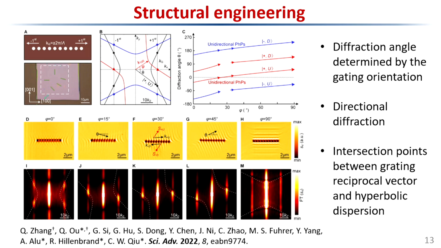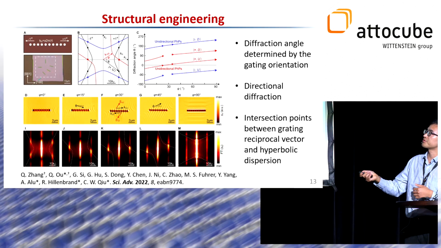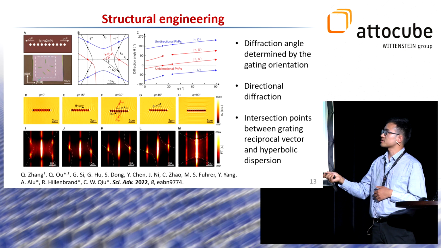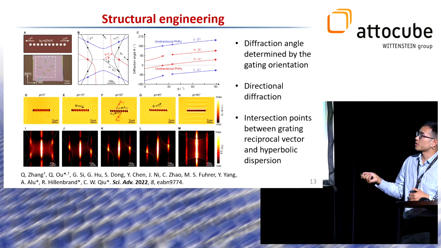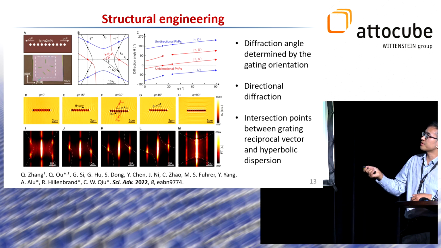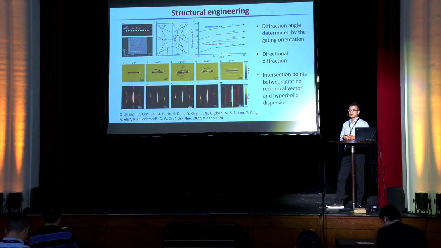For example, we use an optimized FIB technique to directly pattern these differently oriented gratings on top of the flake, and you can basically see the excitation of phonon polaritons with different propagations, and the near-field images match quite well with the FFT in the k-space, which also matches well with theoretical simulations done by Professor Cheng-Wei Qiu's group.